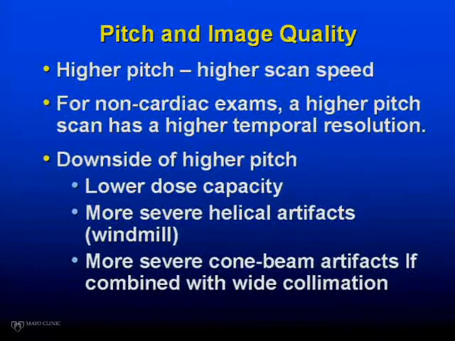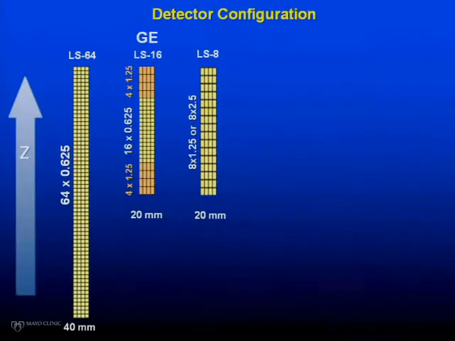That could result in insufficient dose and then severe photon starvation artifact. A higher pitch can also cause more severe helical artifact. And also, if combining the higher pitch with a wider collimation, more severe cone beam artifact can be seen.